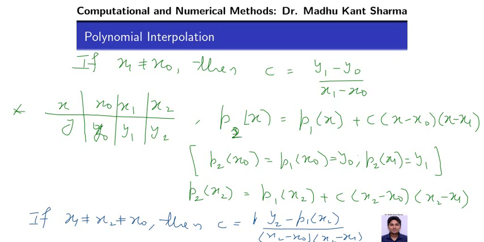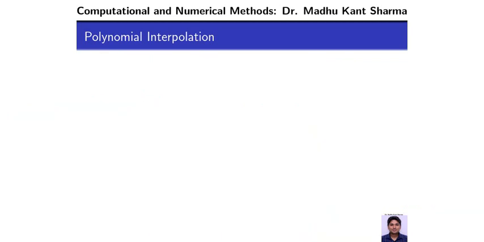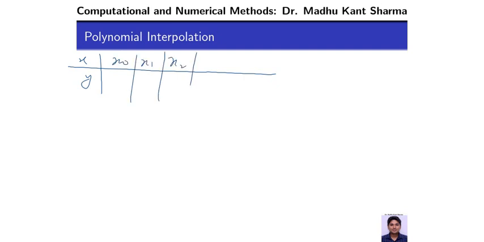In this way you can derive the interpolating polynomial of degree at most n. So you have been given a data set x0, x1, x2 and so on up to xn, and y0, y1, y2 up to yn.